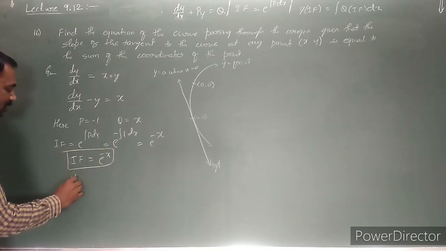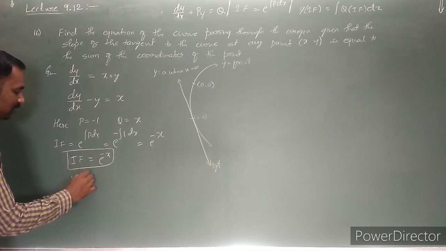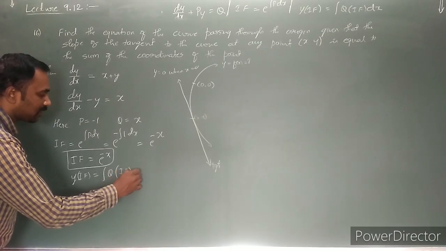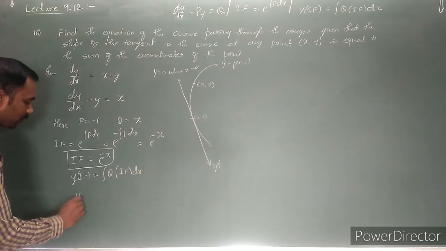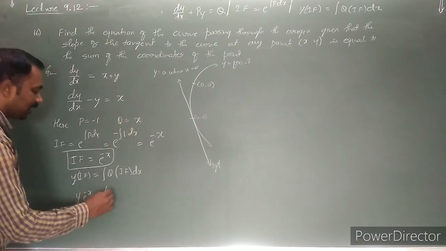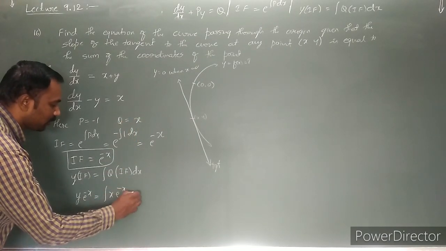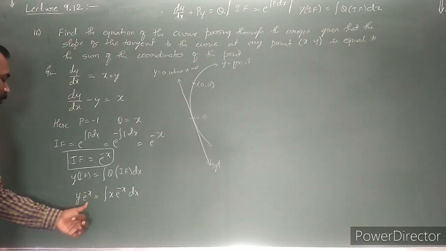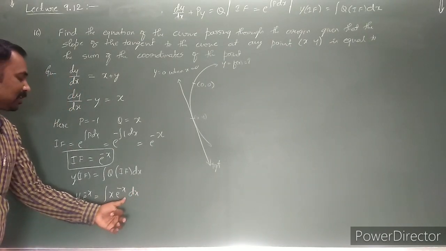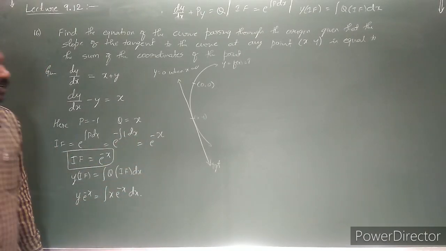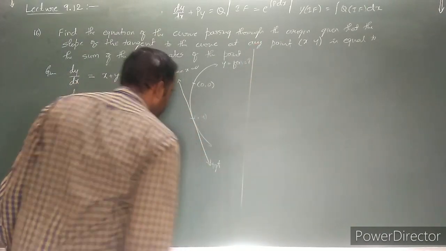Now the general solution is required: y into integrating factor is equal to integration of q into integrating factor dx. So y into e power minus x is equal to integration of x into e power minus x dx. Now integrate.